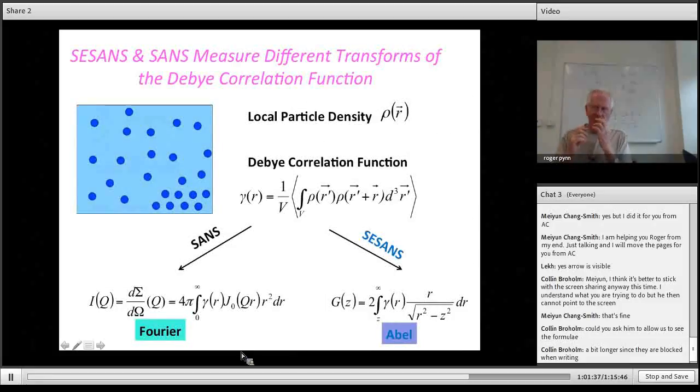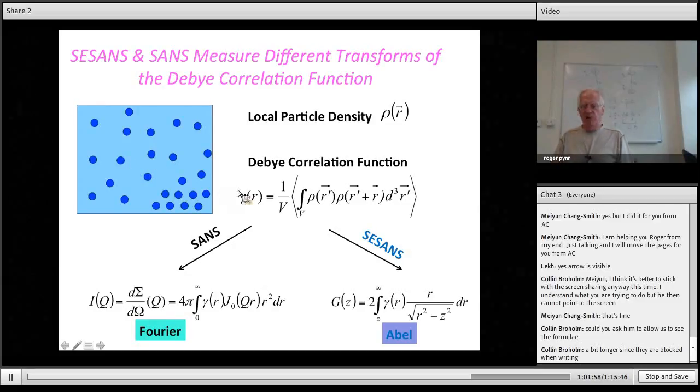So let me just try to motivate for you, in the last quarter of an hour, what CSANS measures. Let's take a simple system which has, let's say, two phases. Imagine just to be concrete that you've got little spheres in water. So this is basically paint.